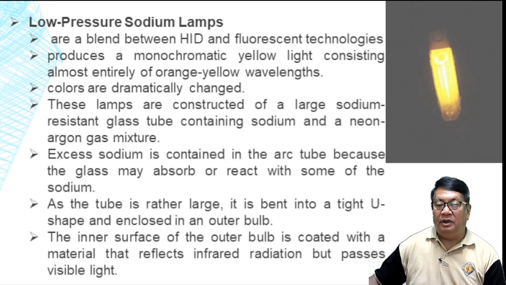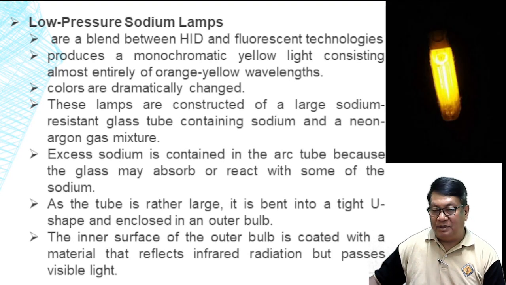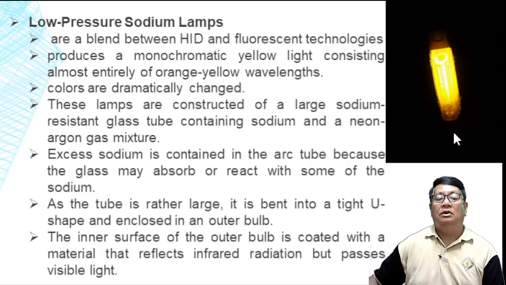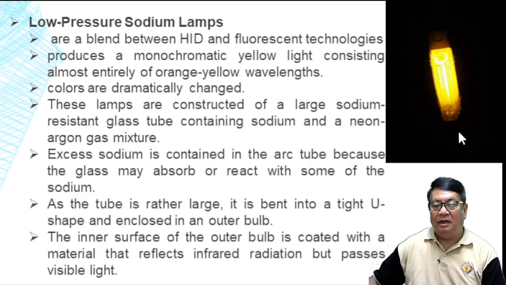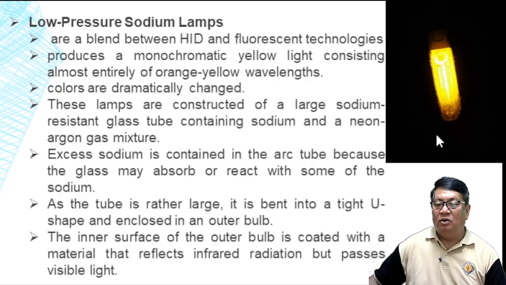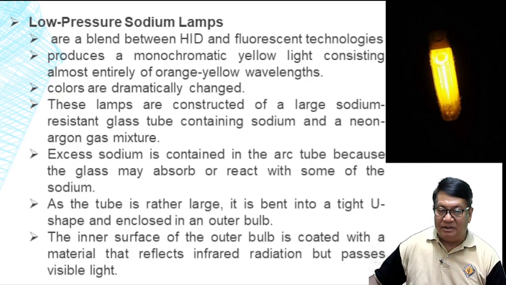Then we have the low pressure sodium lamps. This is just an example of a low pressure sodium lamp. It is a blend between HID and fluorescent technologies and produces monochromatic yellow light, consisting almost entirely of orange-yellow wavelength.